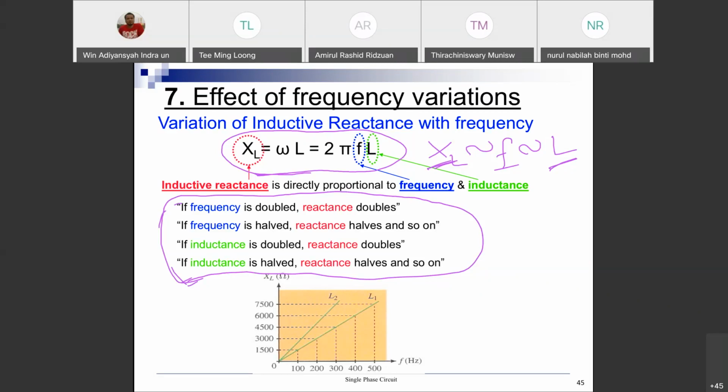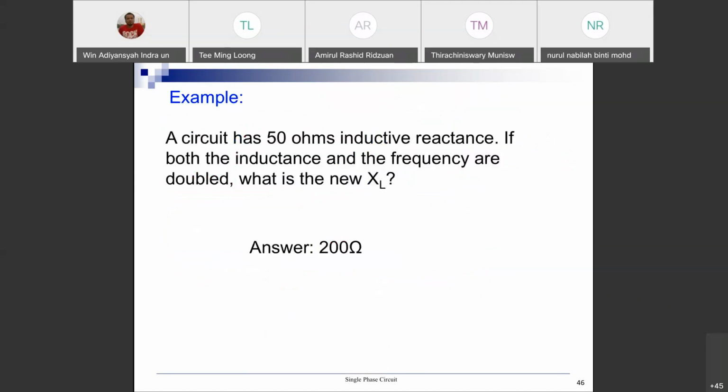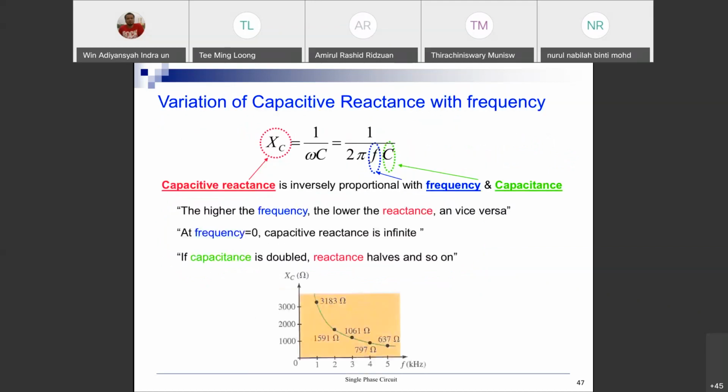The opposite of that is the capacitor. XC has an inverse relationship with F and C as well.